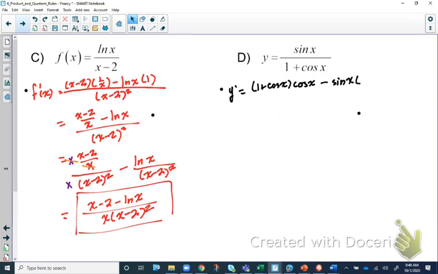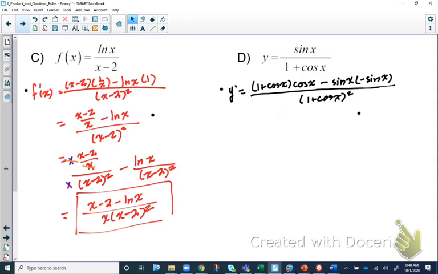Well, the derivative of the 1 is 0 because the derivative of a constant is 0, and the derivative of cosine is negative sine of x. And all of that is over the quantity 1 plus cosine of x squared.